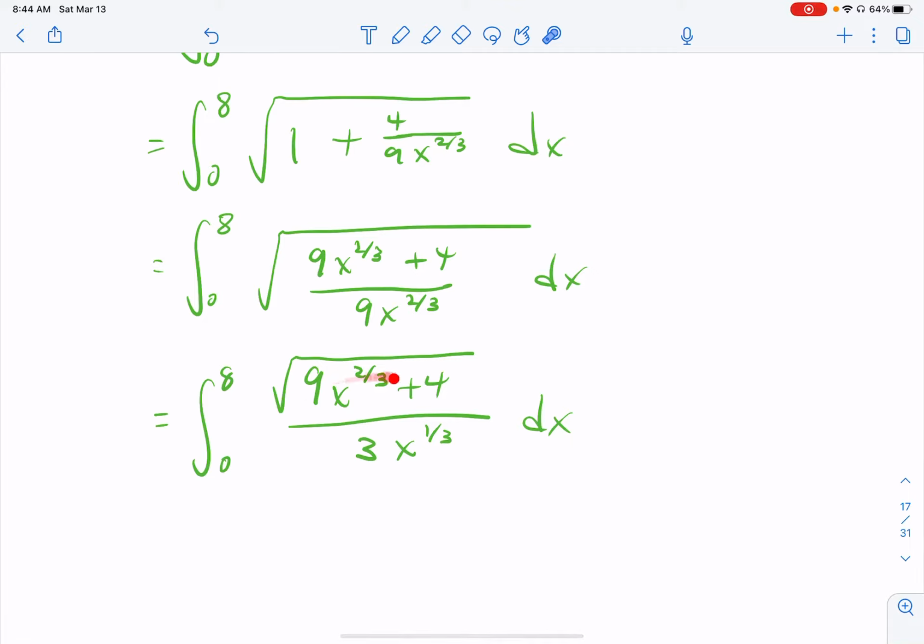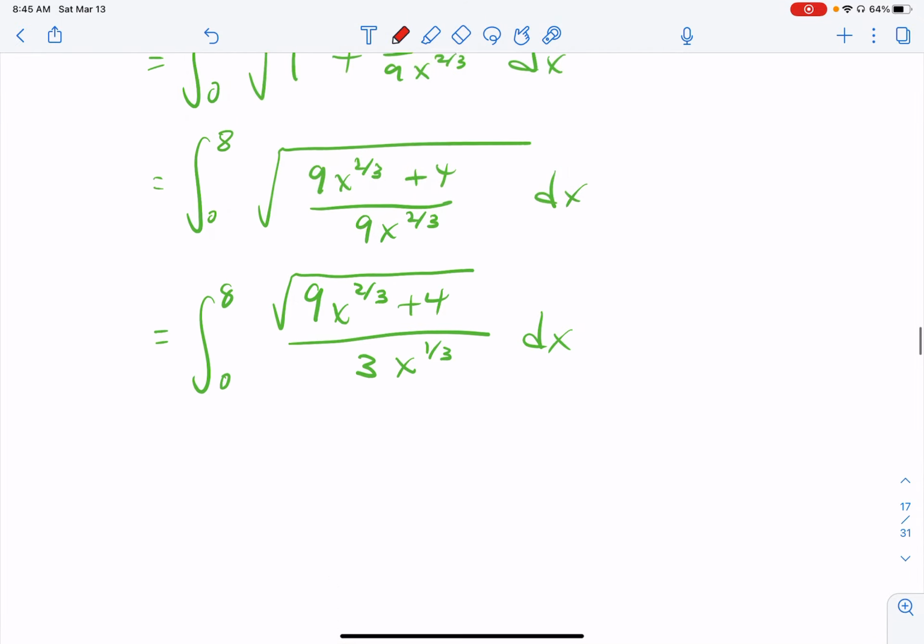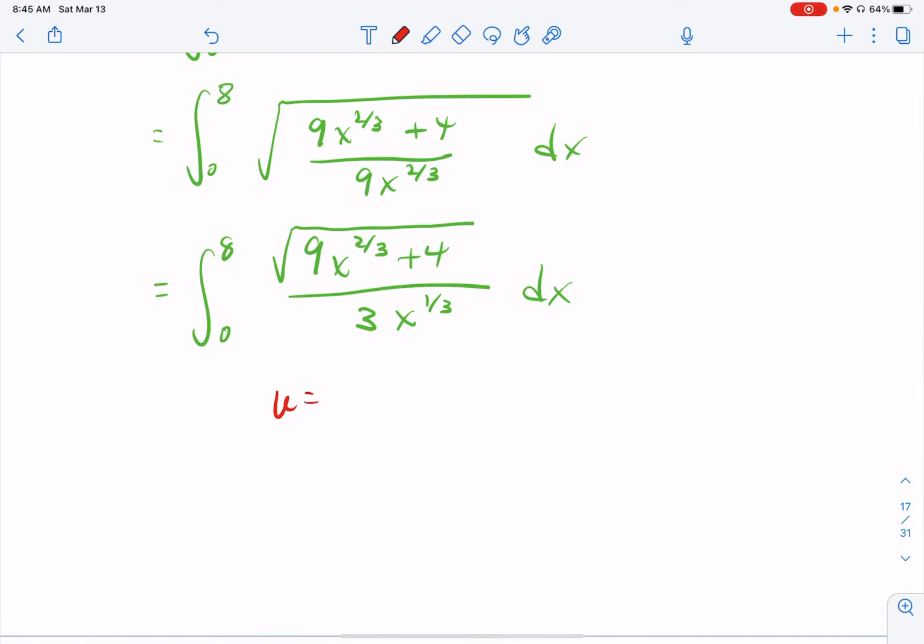Is this doable? If it is, I'm going to have to use substitution because we have a composite function here, with stuff inside of the square root. That seems like the thing we would use for our u. When I take the derivative of x to the 2/3, I subtract 1 from it, which makes x to the negative 1/3, the thing that's down here on the bottom. Very convenient. Like I said, these things are contrived. So let's say u is equal to 9x to the 2/3 plus 4.